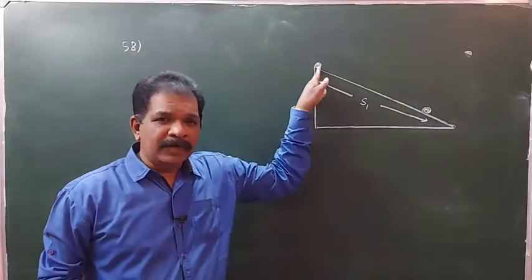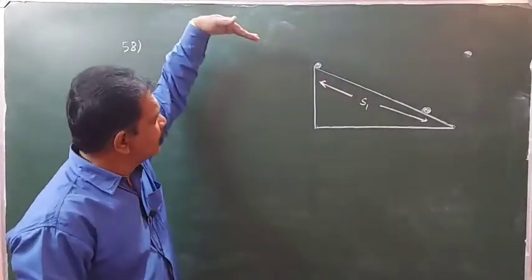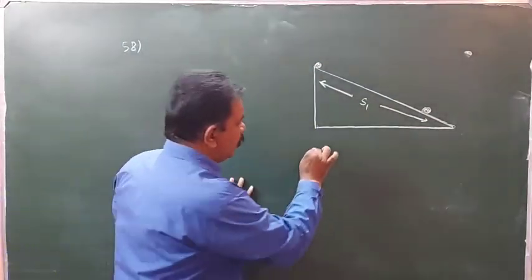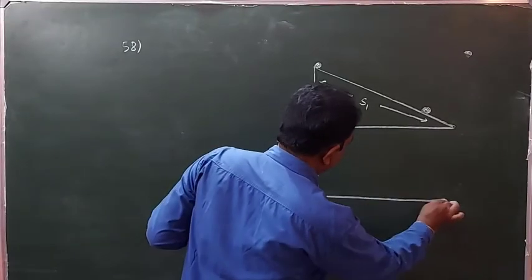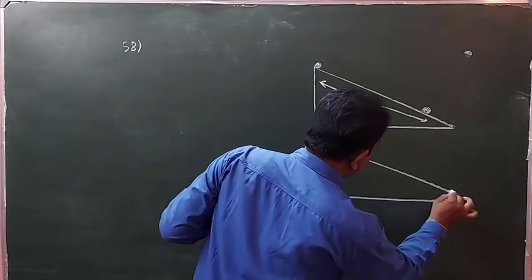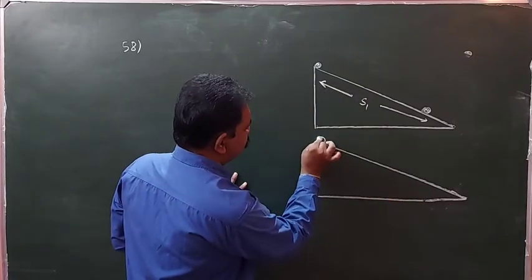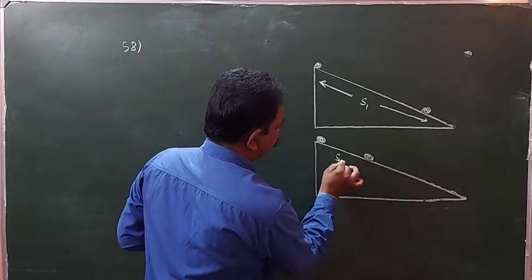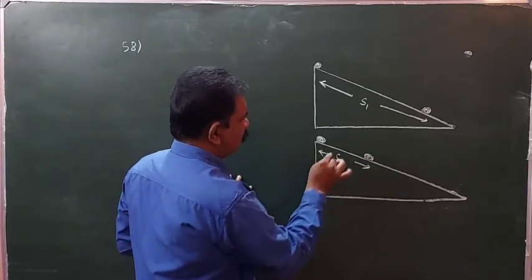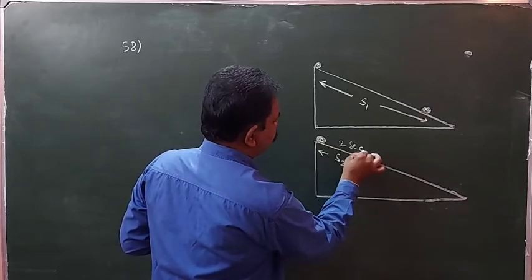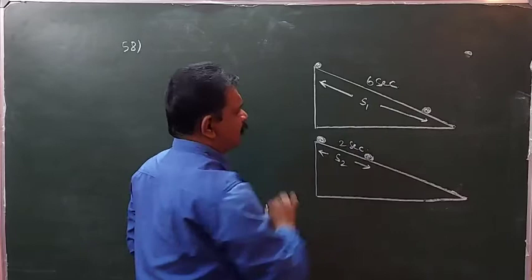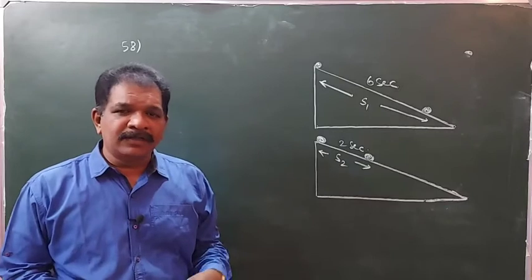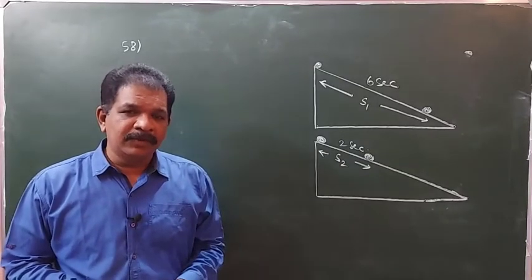He started from rest, moving with acceleration, and in 6 seconds some distance he traveled. In the second case, the same person with the same acceleration traveled only for 2 seconds. If we compare these distances S1 and S2, how will the relation be?